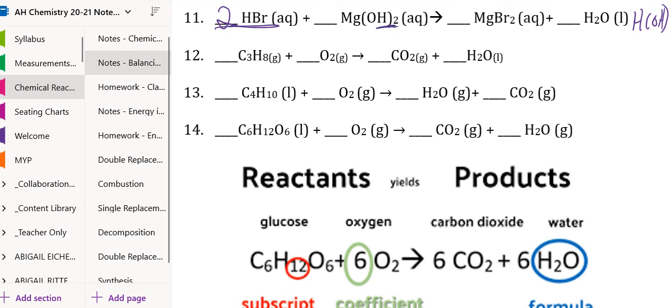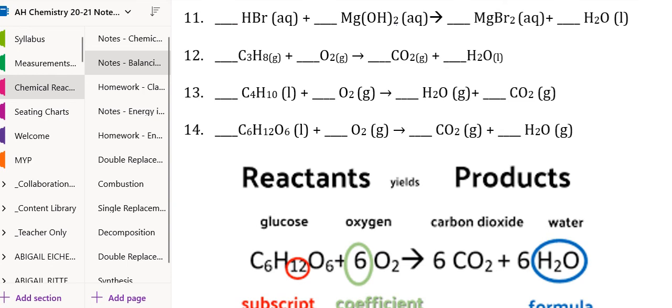And 2 here to make what? 4. So put a 2, and then do the oxygens balance? Yes. Do you see the parentheses here? That 2 goes to the oxygen and the hydrogen. And then these become ones.